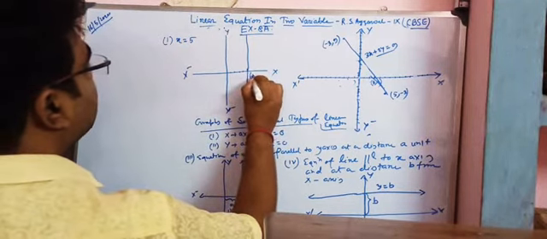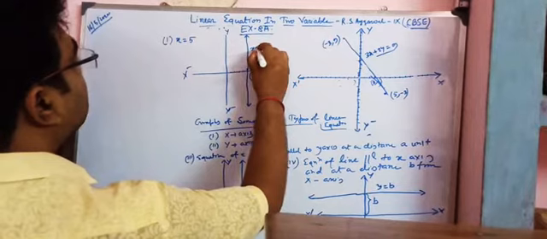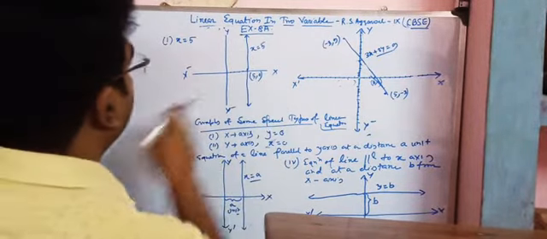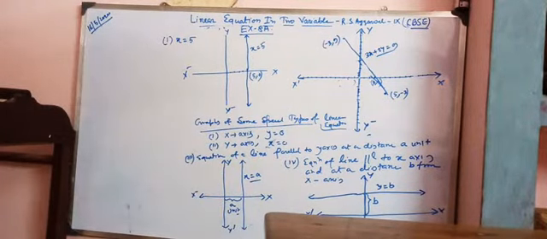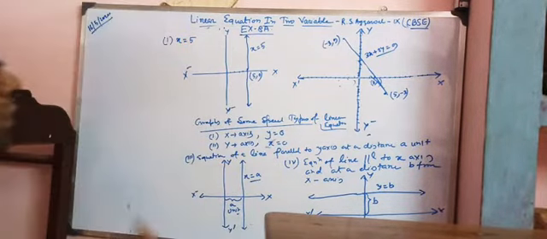This is my 5, 0. Okay. So this is the picture of x equal to 5. Now I have drawn it on the board. You should use graph paper, pencil and scale.